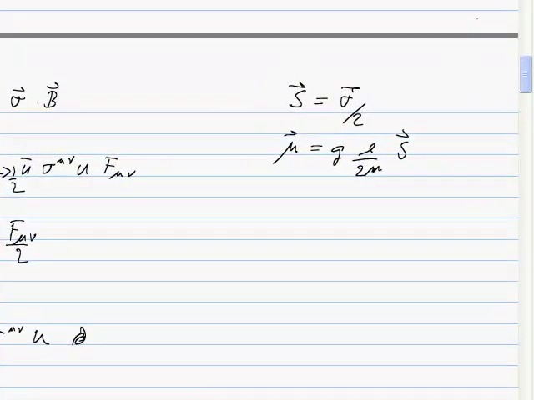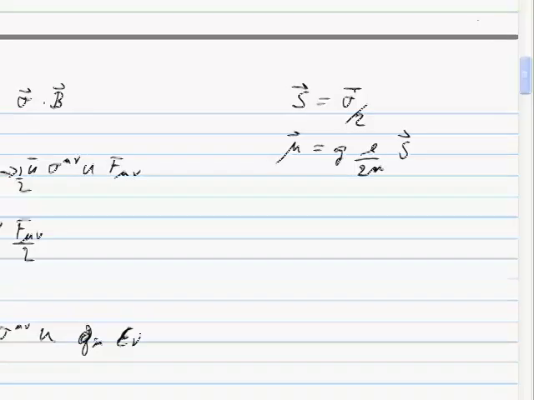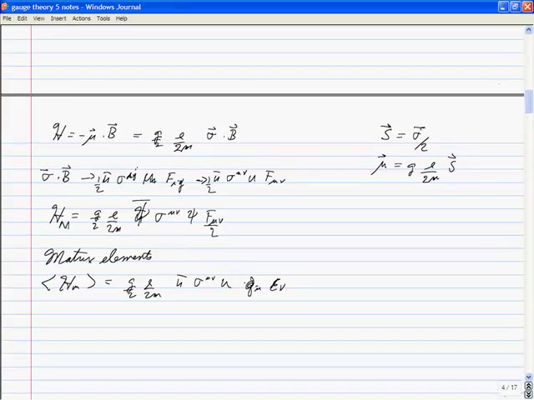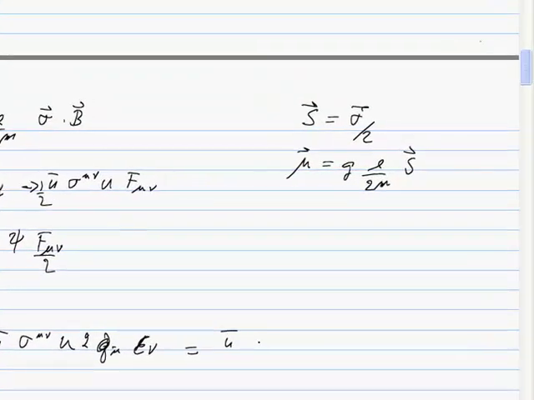This becomes q mu epsilon nu, and there's a factor of 2 there. So let's see if I get all my factors right.